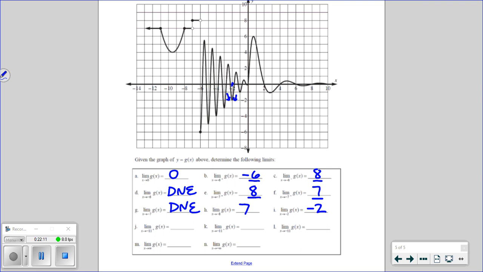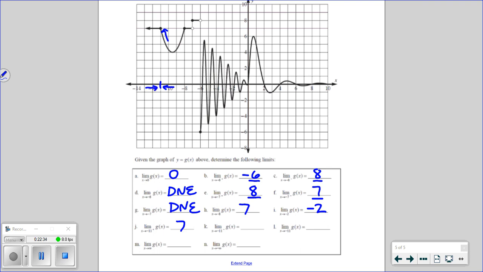Okay, we're back to some one-sided limits. The limit as x approaches -11 from the right. Here's -11 on the x-axis. If we approach from the right and we go up to our graph, it looks like y is approaching 7. The next one is the limit as x approaches -11 from the left.